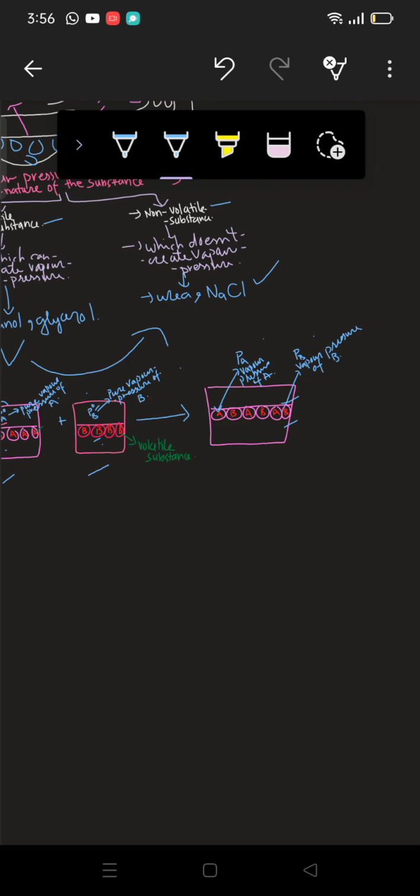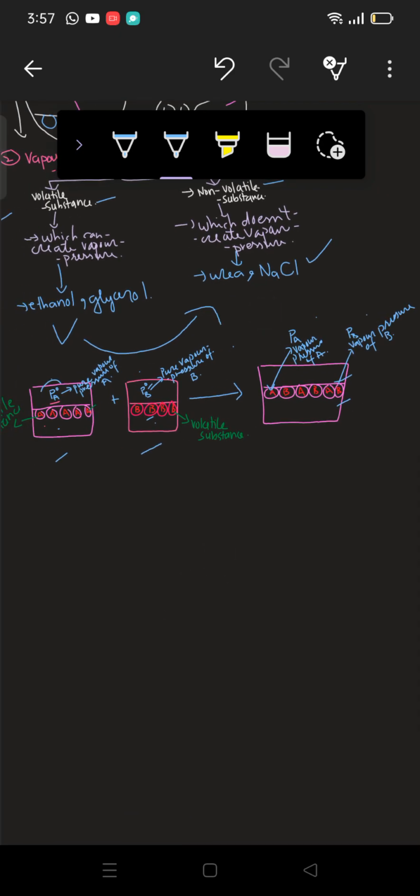Since both are volatile substances, A is volatile and B is volatile too, but they will not have pure vapor pressure since they are now mixed together in a container, right? I am not saying that they will not have a vapor pressure. They will definitely have vapor pressure, but not pure vapor pressure.